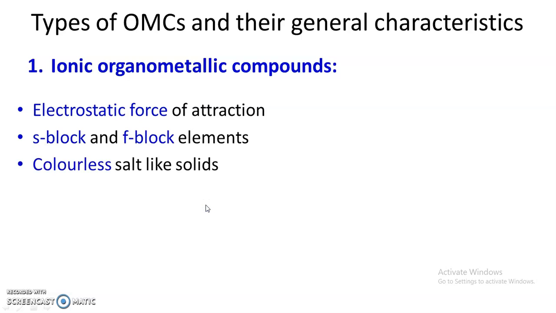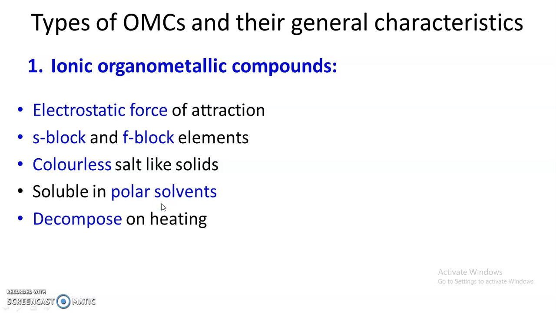Now the next important point is, most of the ionic organometallic compounds are colorless salts and they are in solid state. So they are colorless salt-like solids. Most of them are soluble in polar solvents. They decompose on heating.